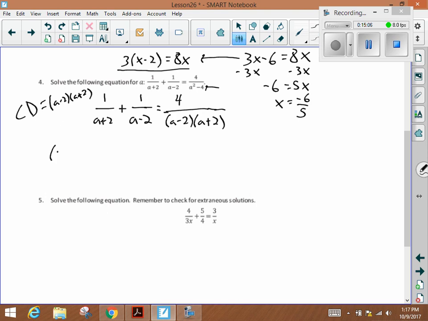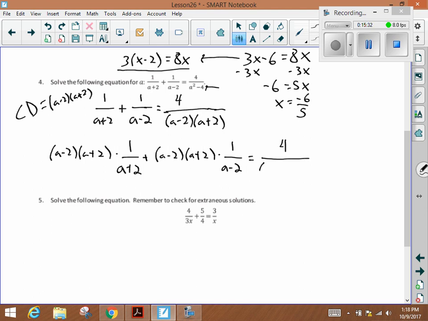Okay, so I've got a minus 2 times a plus 2 times 1 over a plus 2, plus a minus 2 times a plus 2 times 1 over a minus 2, is equal to 4 over a minus 2 times a plus 2, times a minus 2 times a plus 2. It's a lot of writing. But look at how fancy I am.